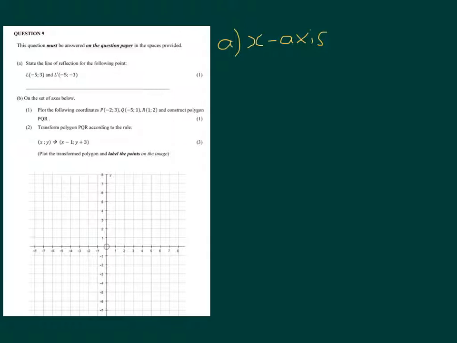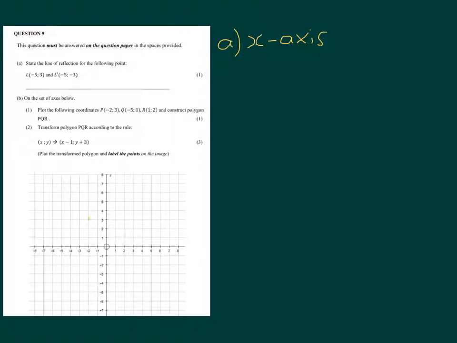Question B now says, plot the following coordinates, P at -2, 3, Q at -5, 1, and R at 1, 2, and construct polygon PQR. Right, so we need to do that fairly carefully, and I'm going to try and do my best to get this accurate on here. So let's start with point P. We know it is -2 and 3, so that's going to be this point here.